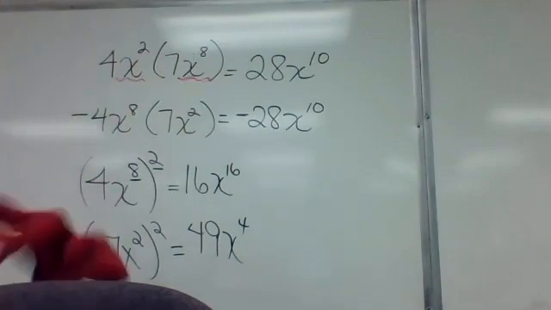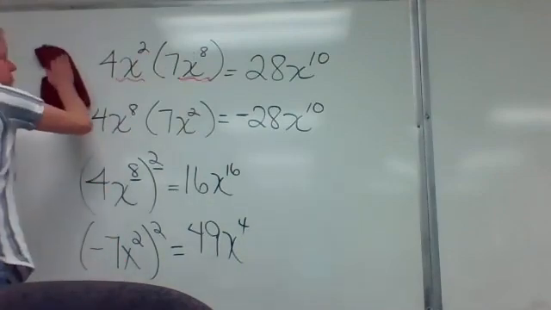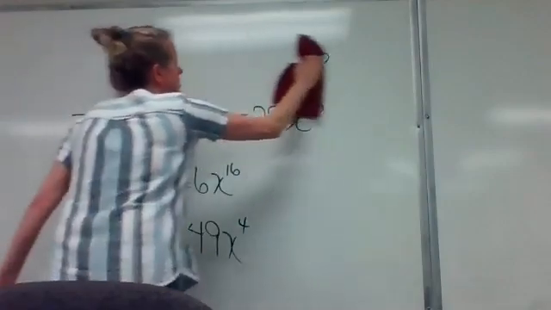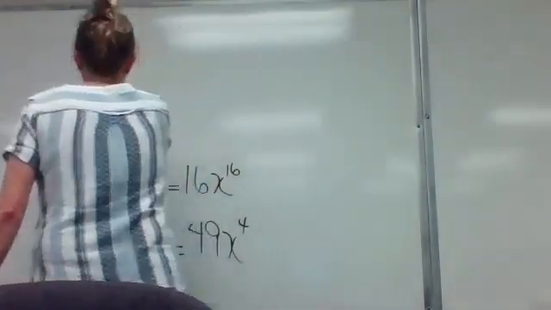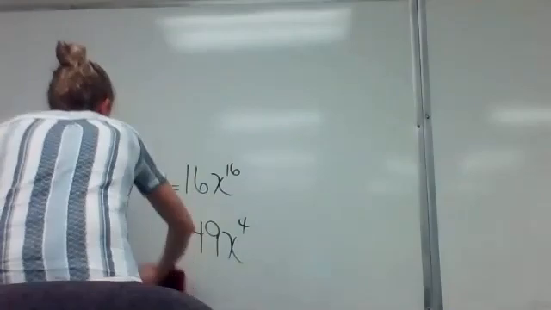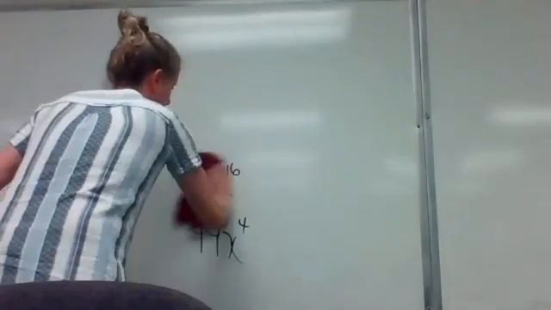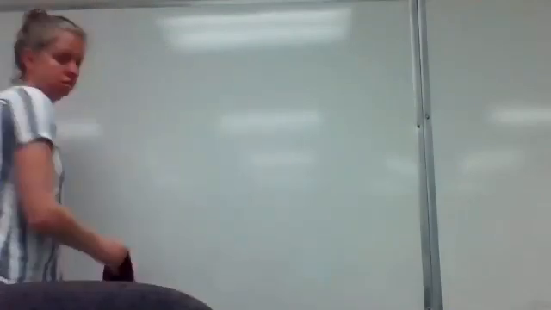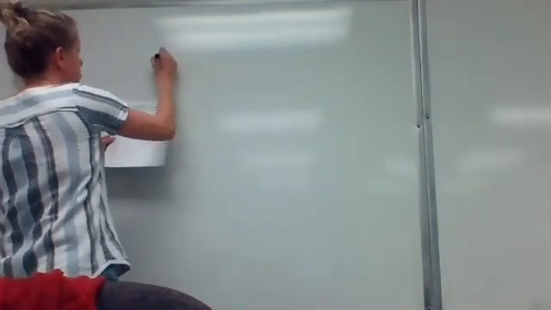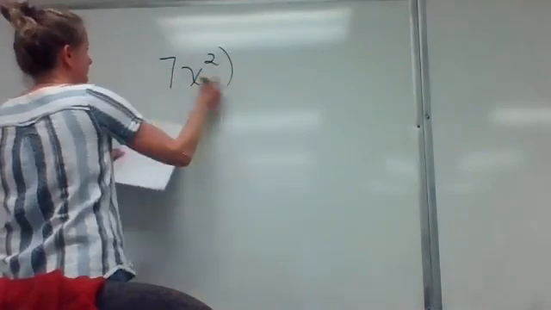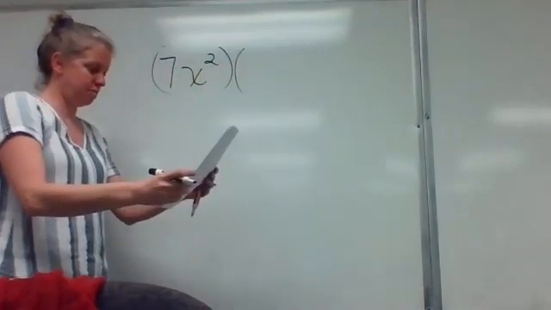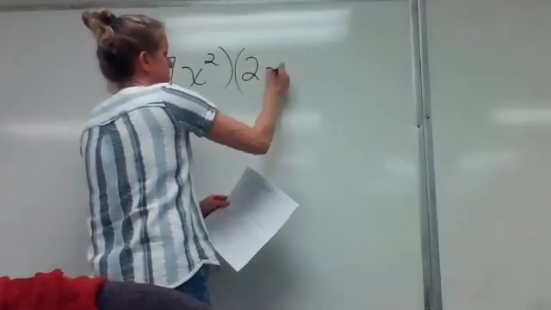So let's look at number 2. Multiply 7x squared times 2x to the 6th.